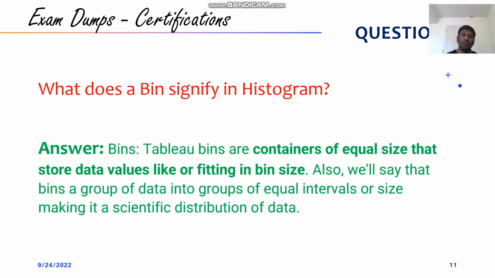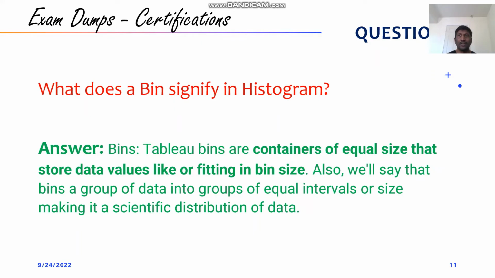What does bin signify in a histogram? Normally you have a group and bins. When you are creating a group, you don't need any size limitations or equal intervals for the groups. But with bins, you have to define a size.